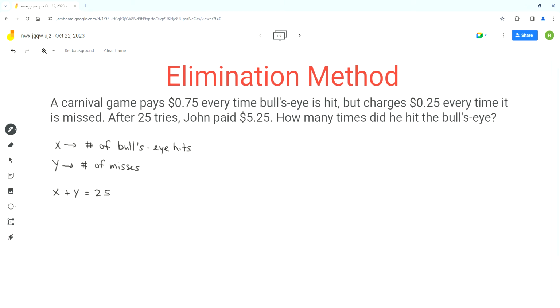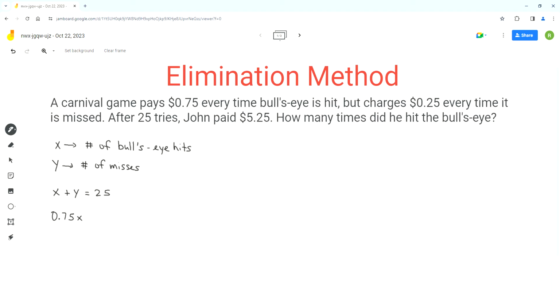Now we have to write an equation using the money information. Every time the bullseye is hit, the player earns $0.75. So we assume that x number of bullseye hits happened, and the amount of money the player will earn is 0.75x.